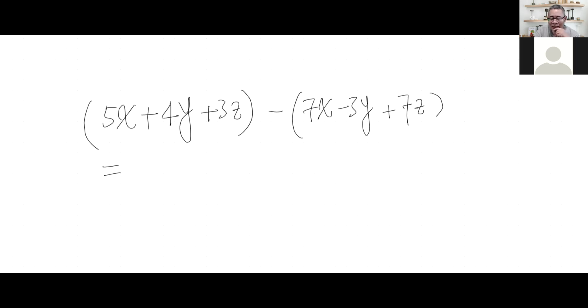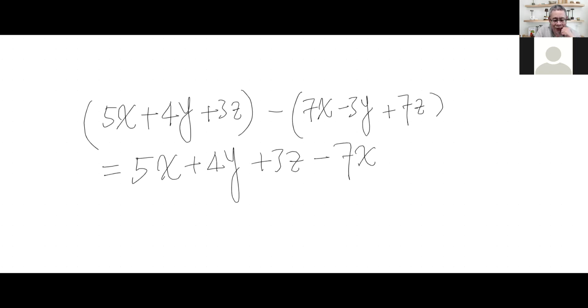Okay, let's see that again. I think I still make the mistake on this, to pay attention to the sign, okay? So first one is 5x plus 4y plus 3z, then minus 7x, and so that got distributed.